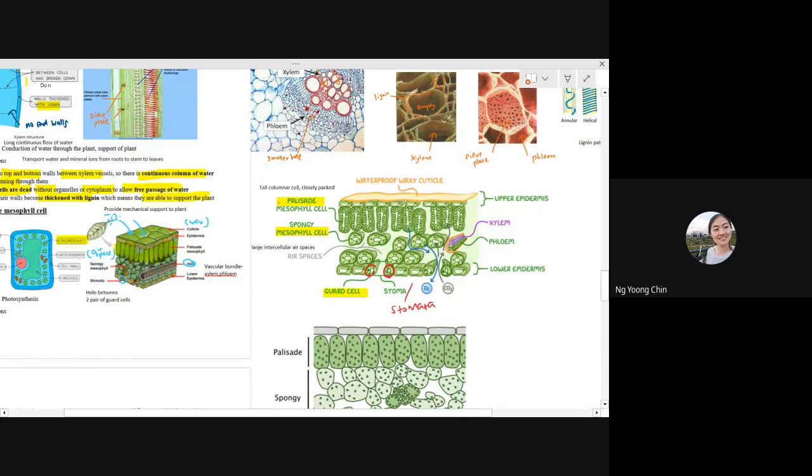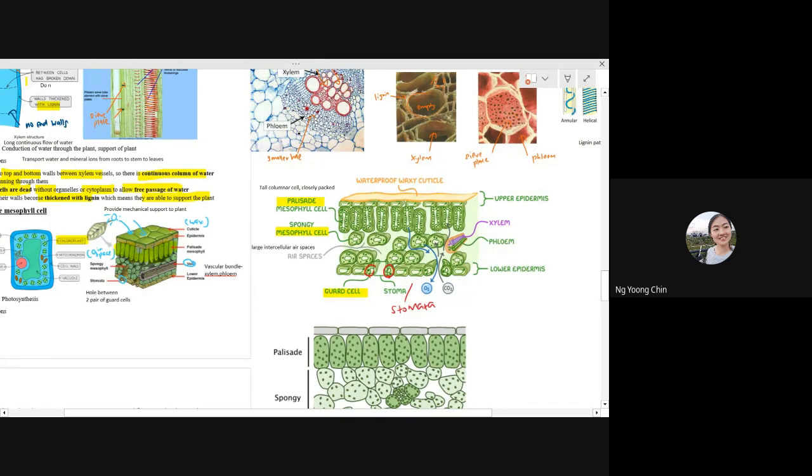Just now we talked about the palisade mesophyll cell, spongy mesophyll cell, and also the guard cell. And please always remember that only these 3 kinds of cell contain the chloroplast. You can see the very, very small spots, which are the chloroplasts, here. You can see very tiny green spots within the cell.